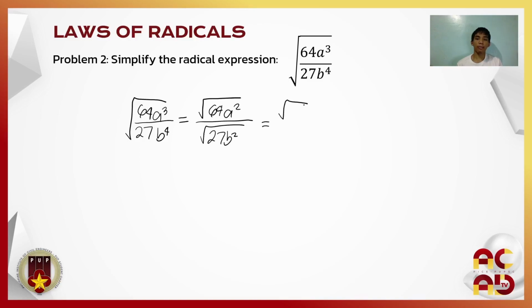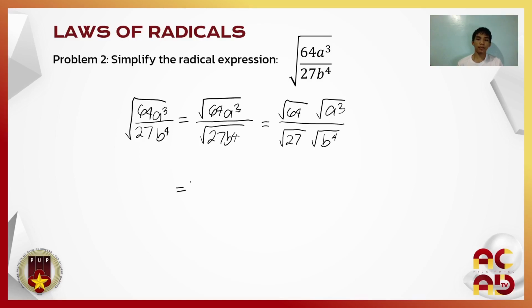Then we separate the square root of 64 times the square root of a cubed, all over the square root of 27 times the square root of b raised to 4.